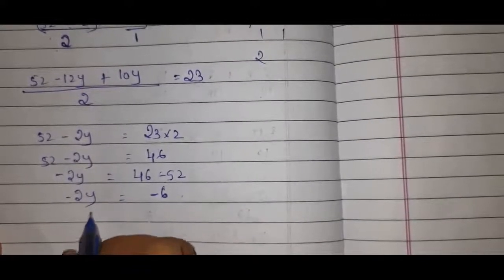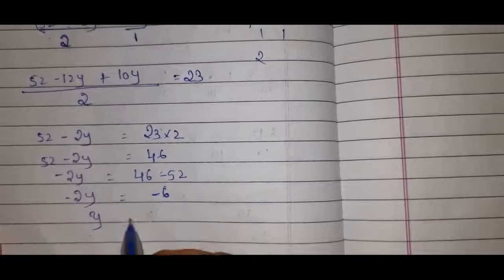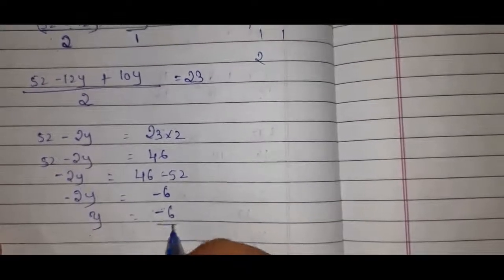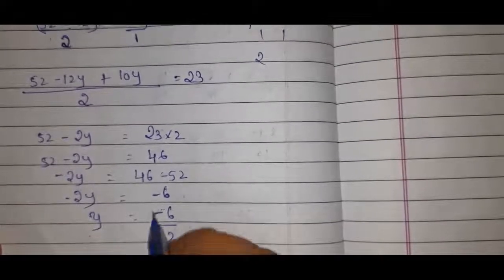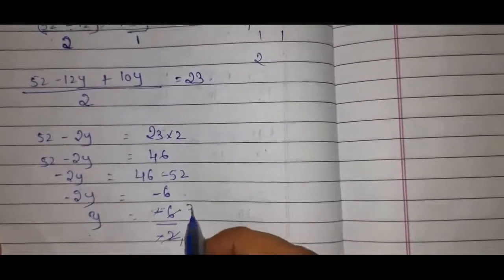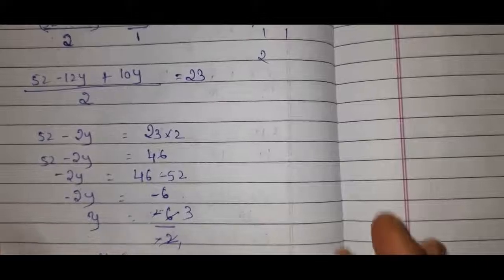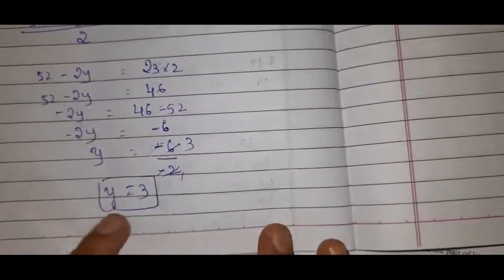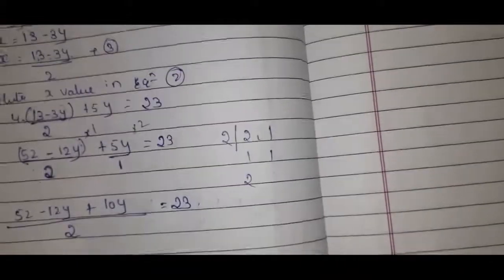I need the y value, so I am keeping y here. I am sending minus 2 to the RHS part. It gets divided: minus 6 divided by minus 2. Minus minus cancel. 2 ones are 2, 2 threes are 6. y equals what here? 3. y equals 3.